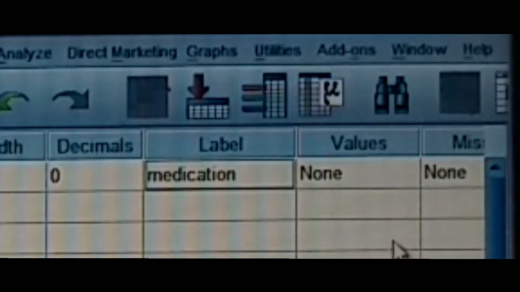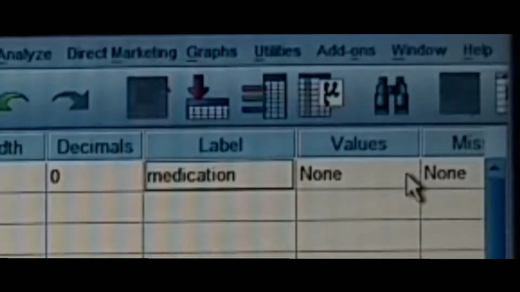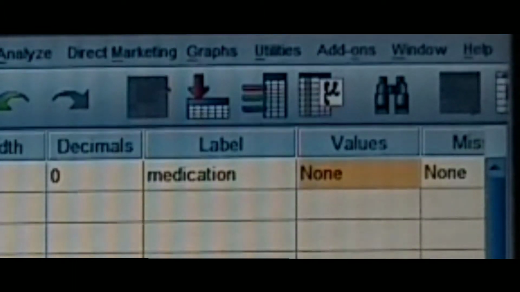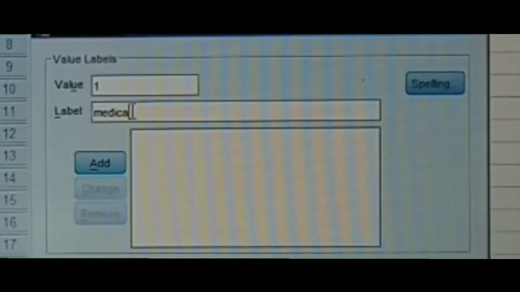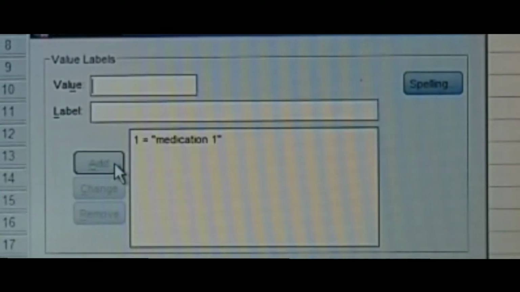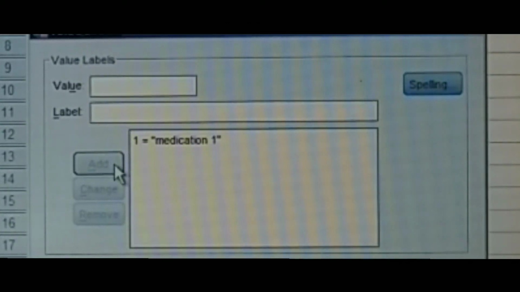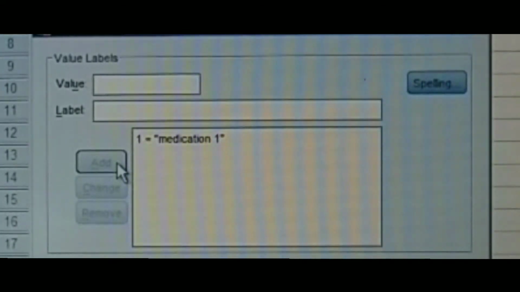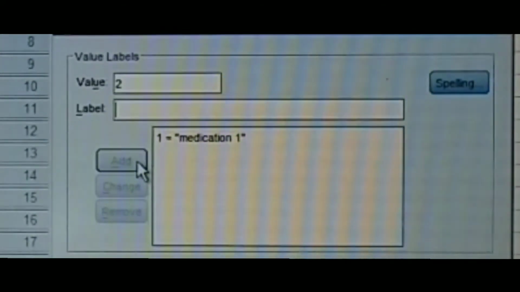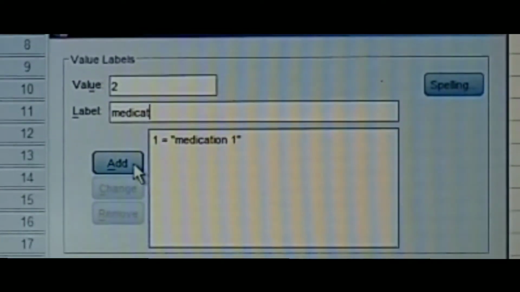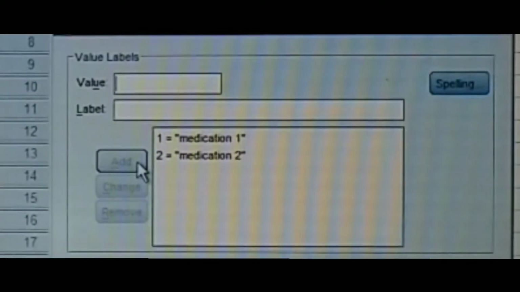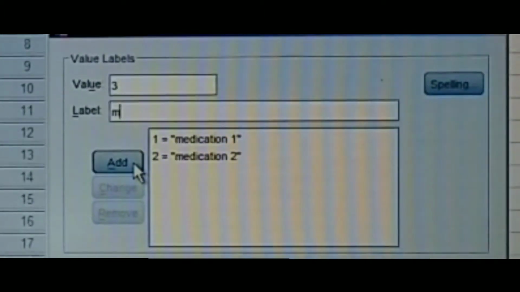Now let's have this values column, so we click that. Let's have a value 1, and then for the label, let's type medication 1, and then you click add. Now we repeat the procedure for the second group. So we have 2, medication 2, and then 3 for medication 3.